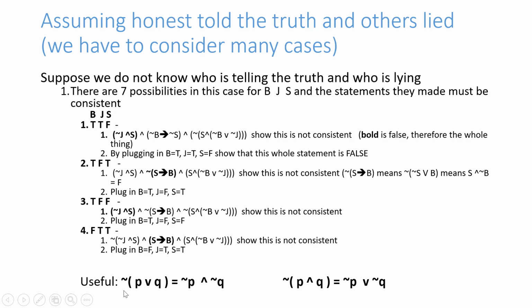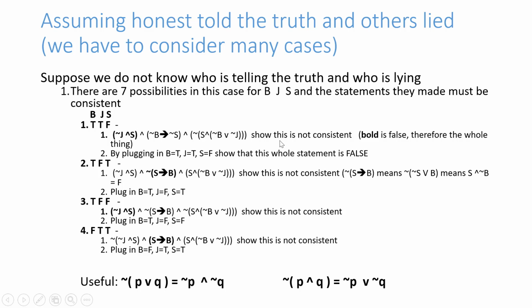Using the rule, which we will talk about later in the class, not (P or Q) is not P and not Q. So not of this means S and not B. This is going to be false, because we know that S is true and not B is false. Therefore, this whole thing is false.